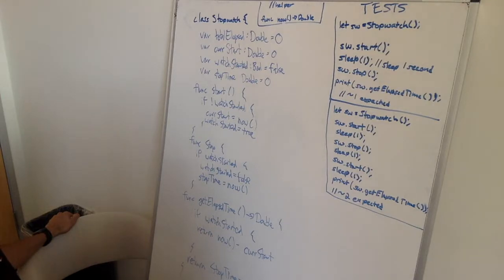And when we get elapsed time, we need to return total elapsed. We just need to add total elapsed to this basically. Stop time.